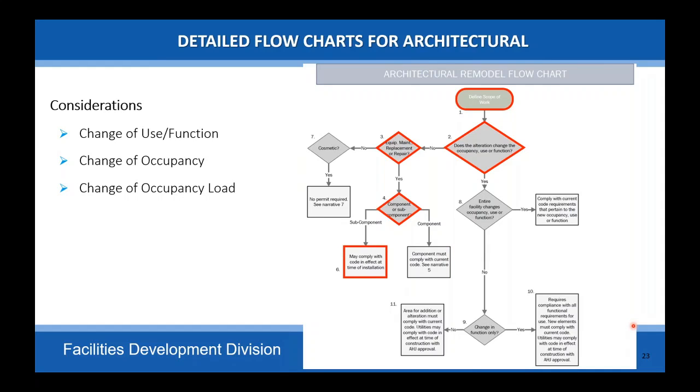Now, if you are doing a subcomponent within that unit, you can just replace that subcomponent to comply with the code at the time the HVAC unit was originally installed. So if you're replacing a fan motor or something within there, it's considered a maintenance item, and you can just replace it. No other requirements apply.